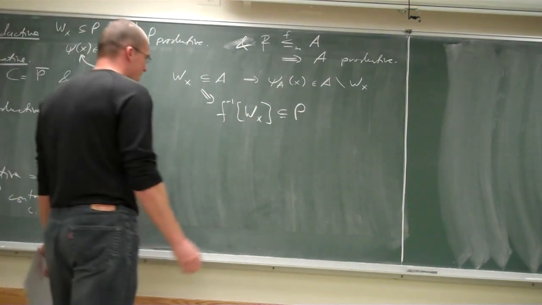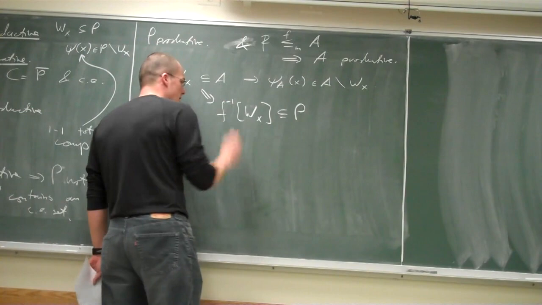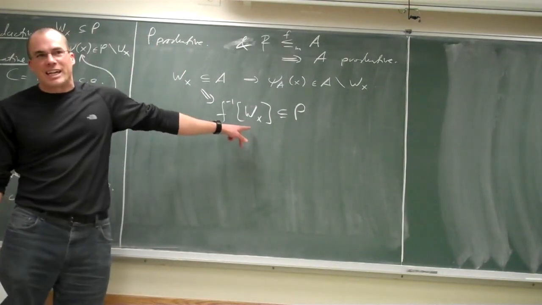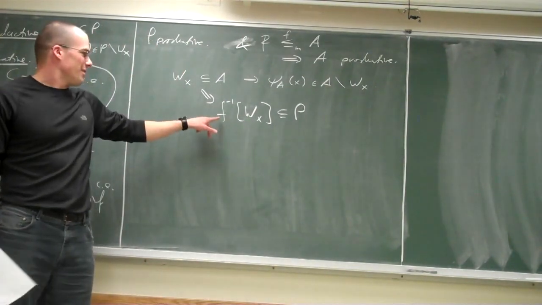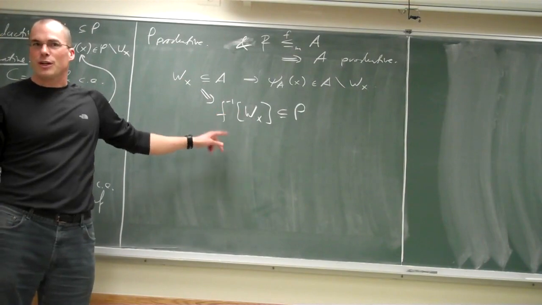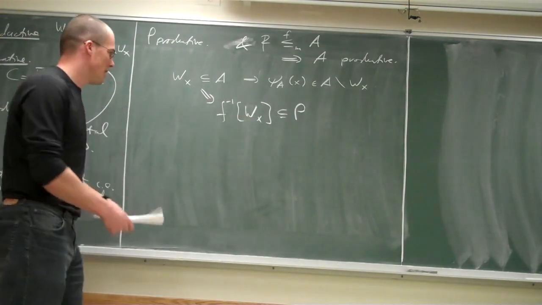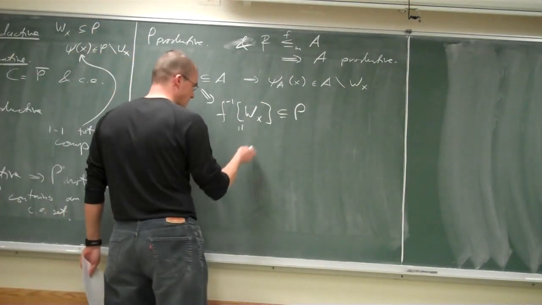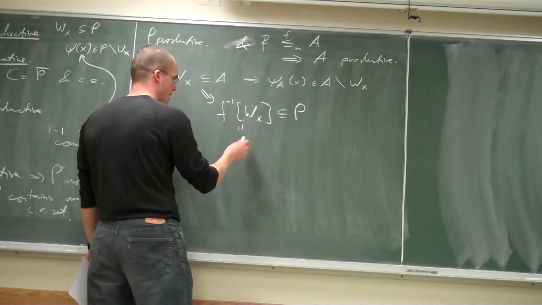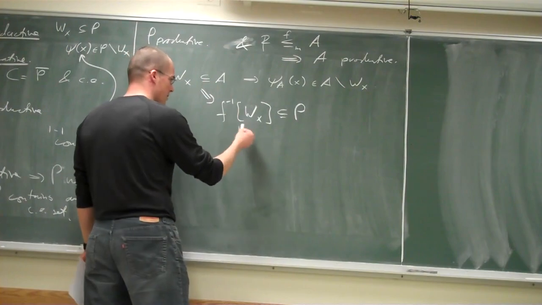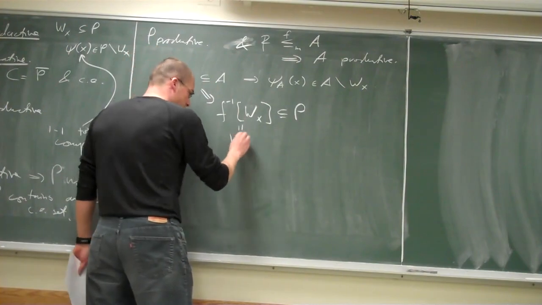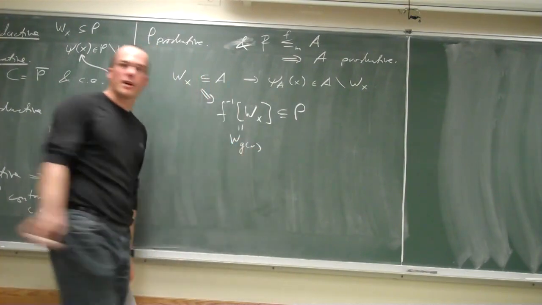But this now is pretty nice, because given this x and this computable function f, you can effectively obtain an index for this set. Let's call this Wg of x.